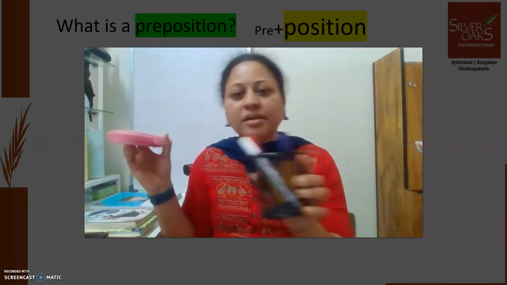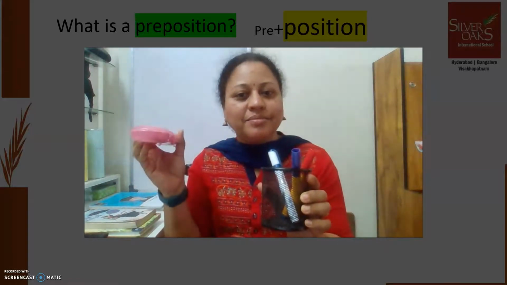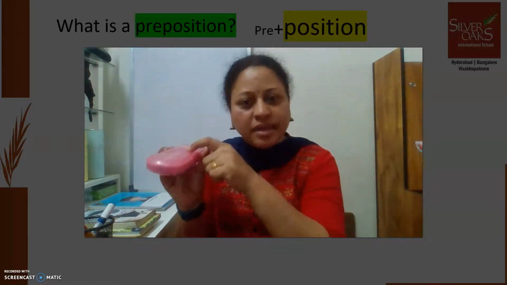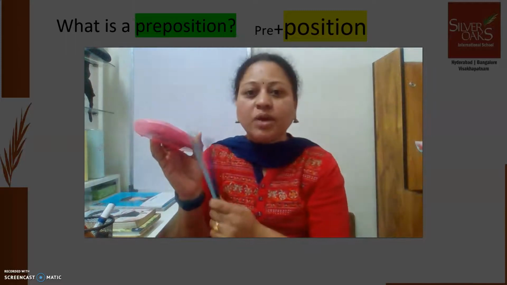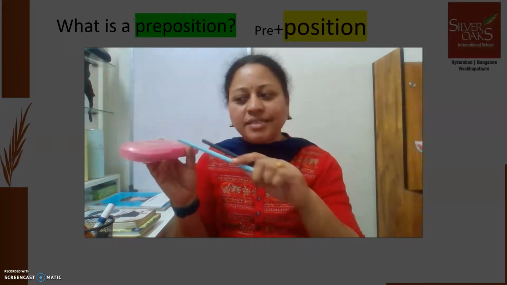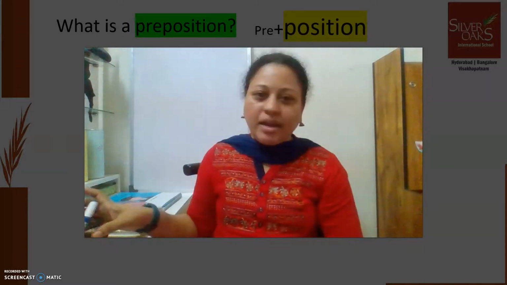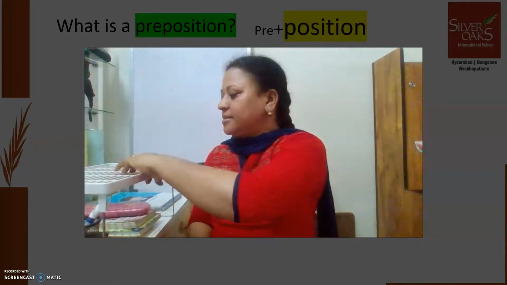But you will say the markers are in the stand. Inside. Right? So the few pencils are inside the box, and a few more pencils are outside the box. Inside, outside. Right?